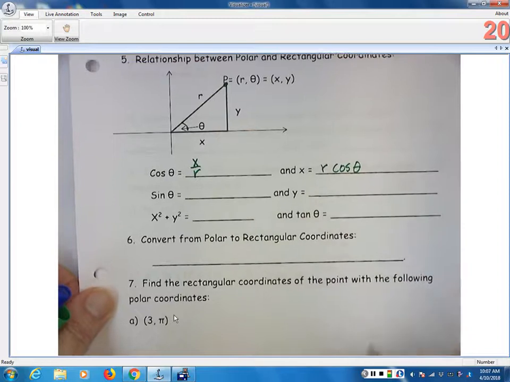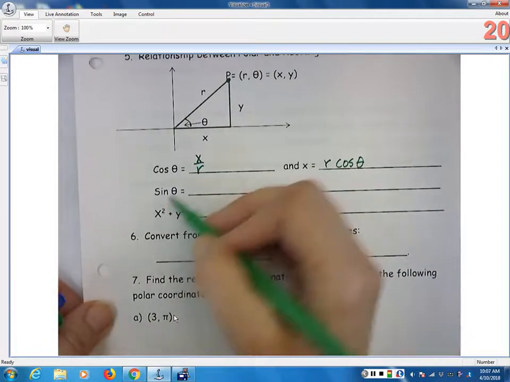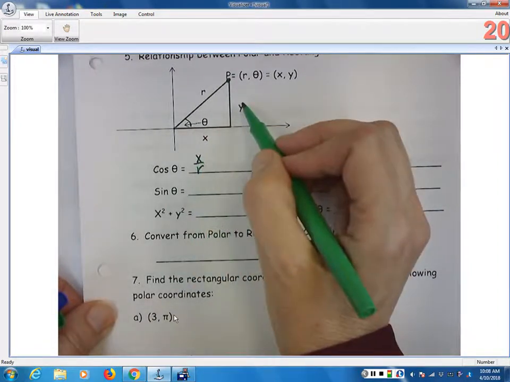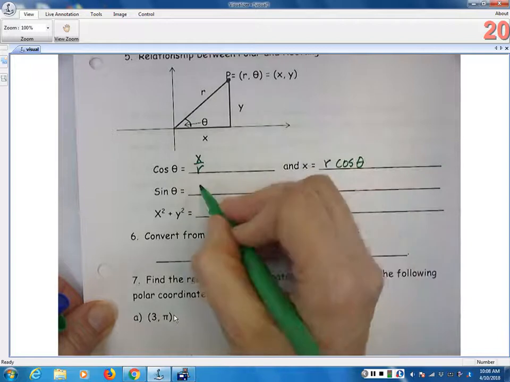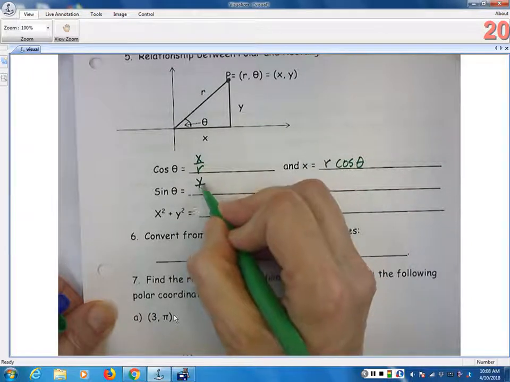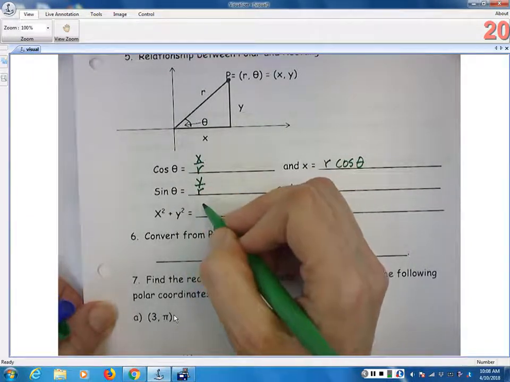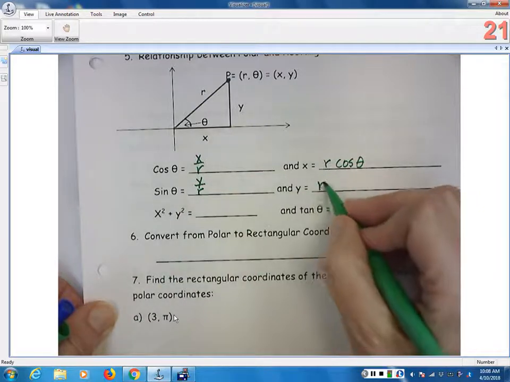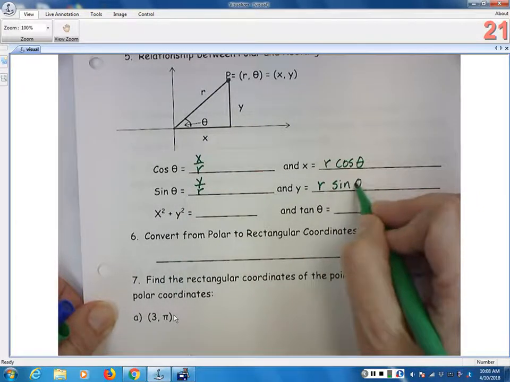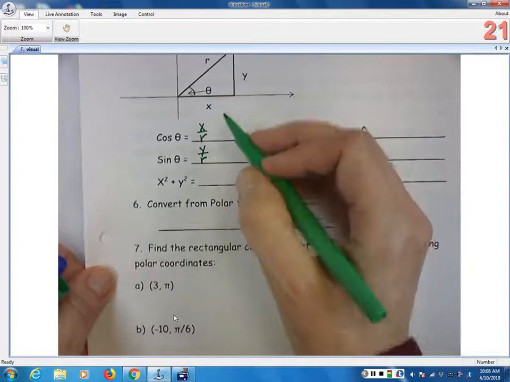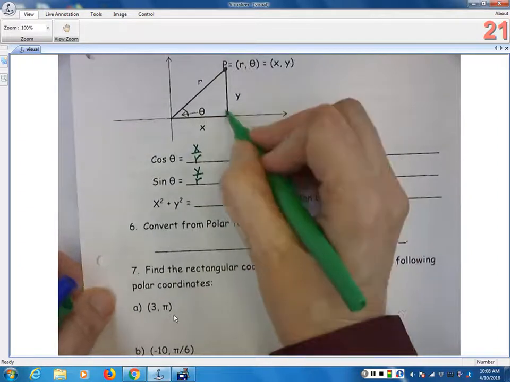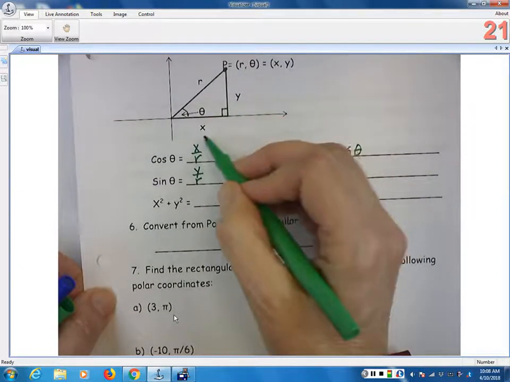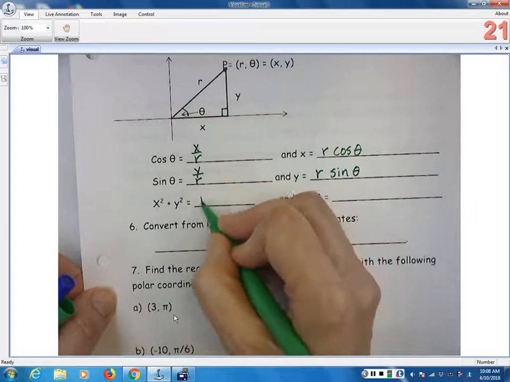Sine theta is opposite over hypotenuse, y over r. If you're solving for y, you multiply through by r, and you get y equals r sine theta. And this is a right triangle, so x squared plus y squared equals r squared.